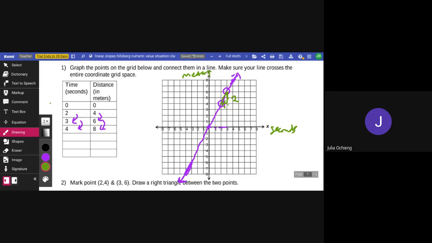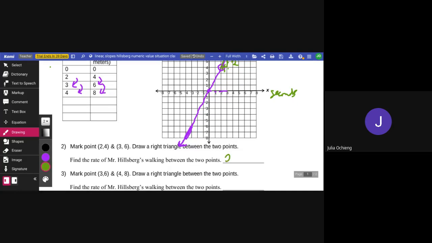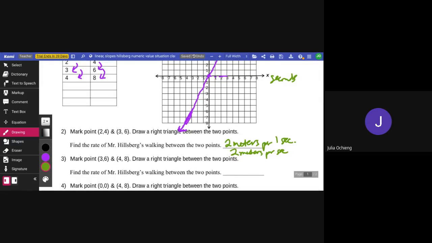So when I go 1 second over, I'm going up 2 meters. So the rate is 2 meters up for every 1 second over. So his rate is 2 meters per 1 second. Or you can just write 2 meters per second because anytime the number is 1, we just assume it's 1. So unless the number is different than 1, you don't have to write it. So you can just write 2 meters per second.